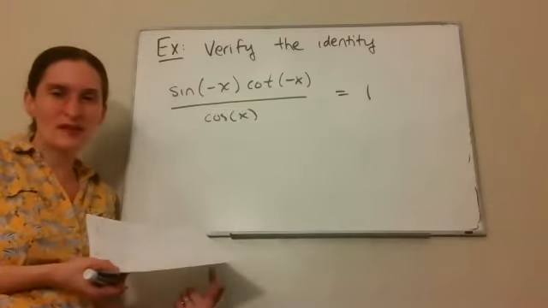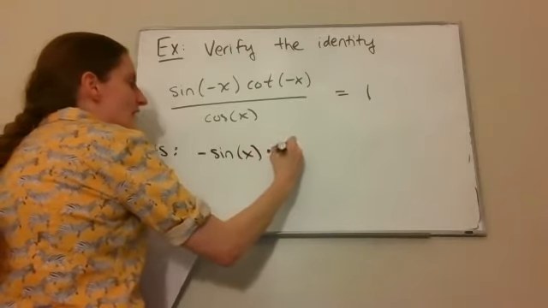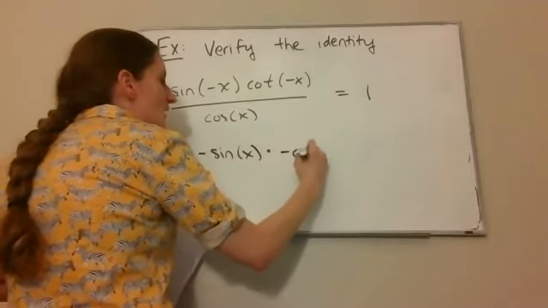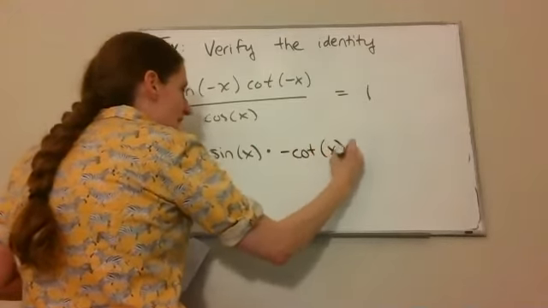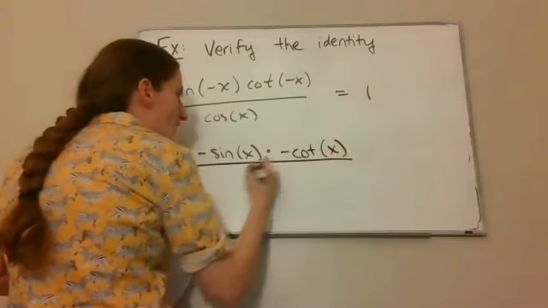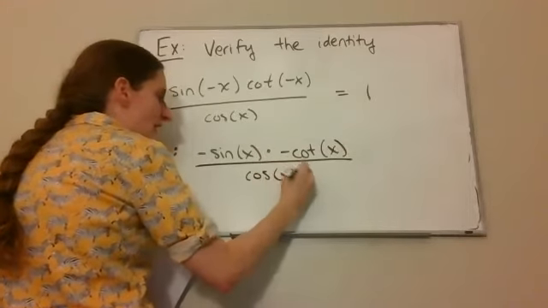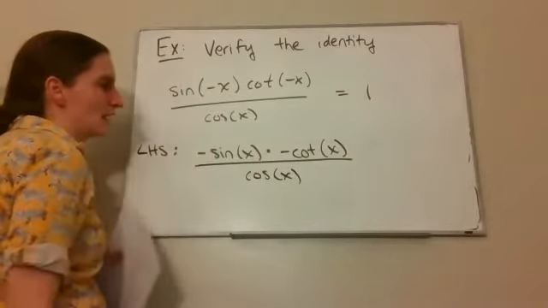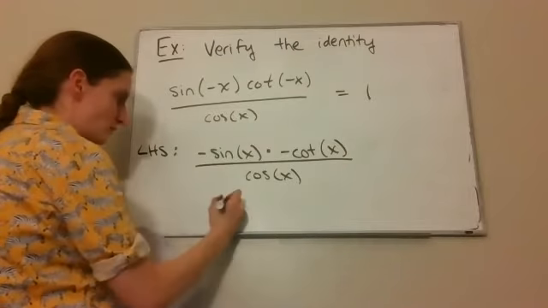Now both sine and cotangent are odd, so I'm going to use the odd property of those functions to rewrite this left-hand side as negative sine of positive x times a negative cotangent of positive x all over cosine of x. Now the negative times the negative will make it positive.